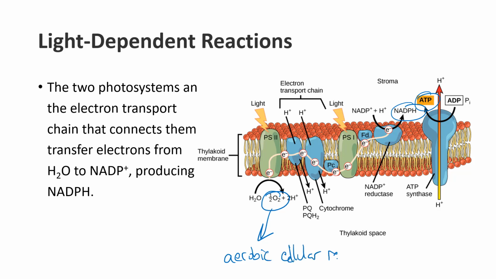And that takes place inside, of course, the mitochondria, and needs oxygen, right? So I'll put plus O2. So some of the oxygen that is produced right here is actually going to be used by the plant for aerobic cellular respiration. The rest of it's going to be just excreted back into the atmosphere, of course, so there's a net production of oxygen here.